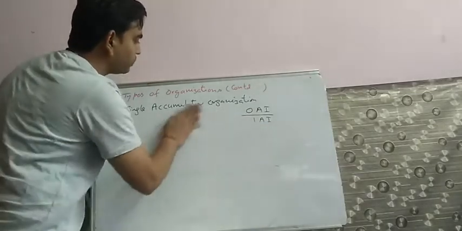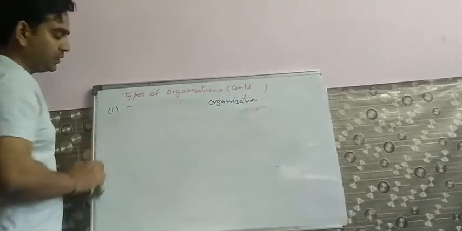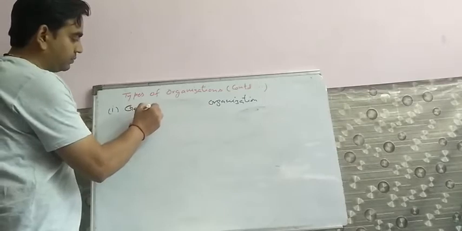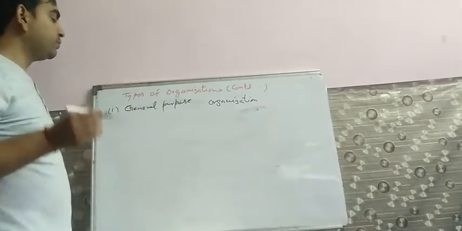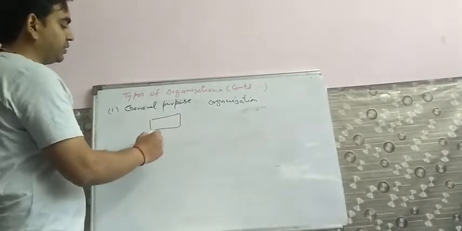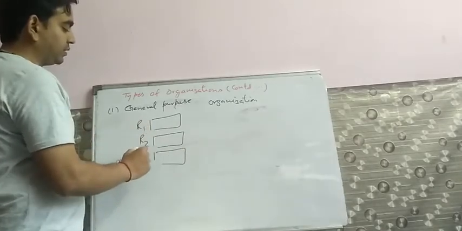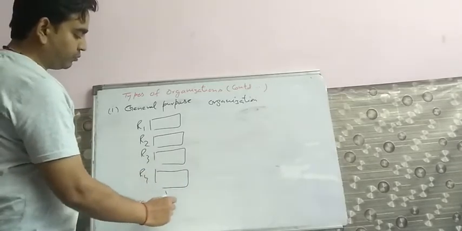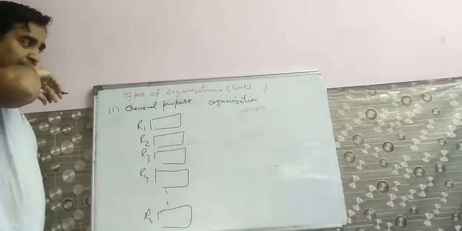Then we come to general purpose organization. In this organization, we have a huge number of registers. We can have many registers, suppose named R1, R2, R3, R4, and many more, up to Rn.